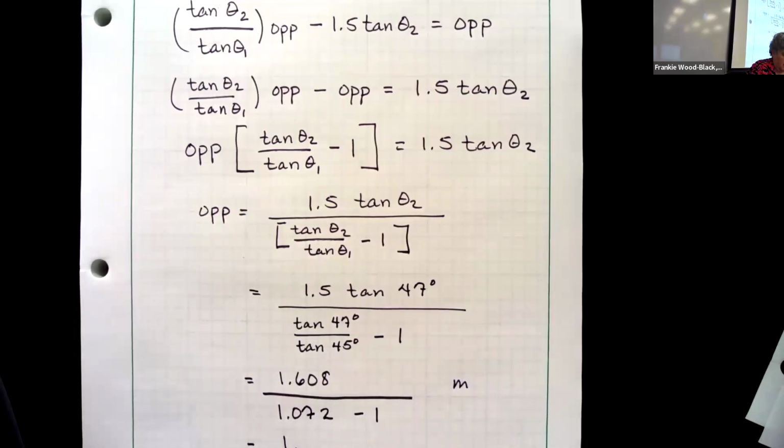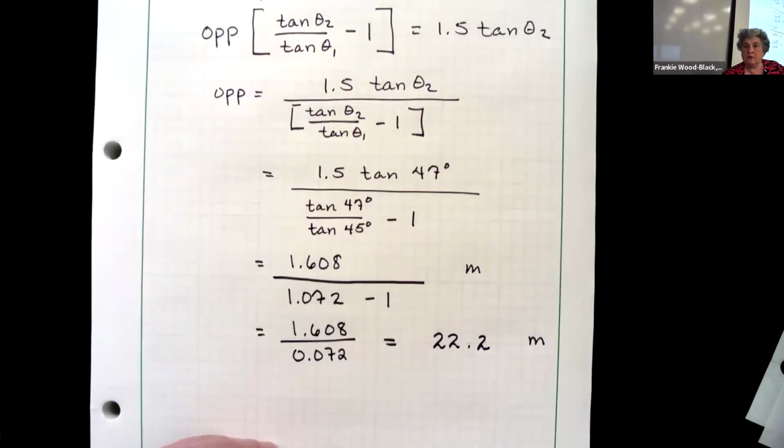So I'm going to get 1.608 divided by 0.072. Again, I'm in meters. And if I punch things into the calculator right, I get that the height of the building is 22.2 meters.